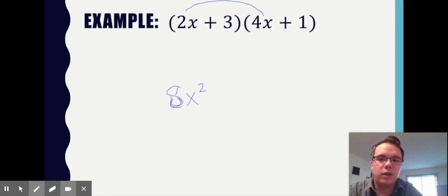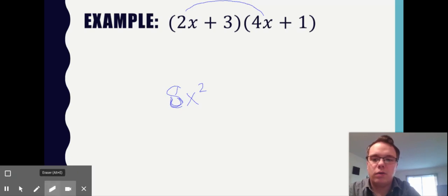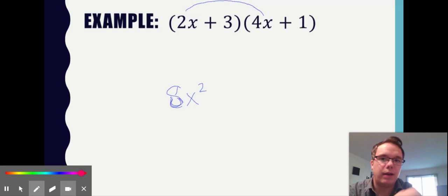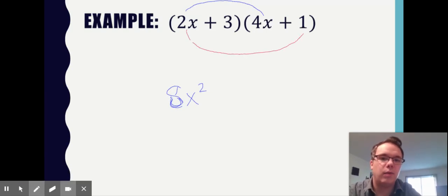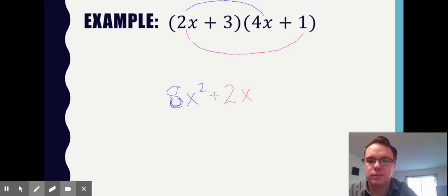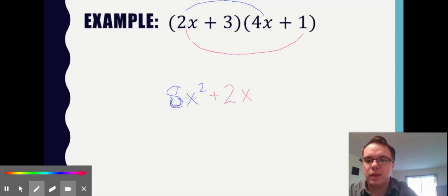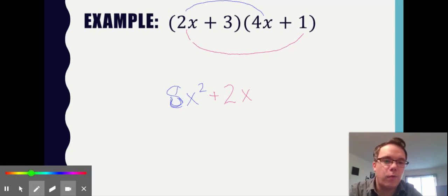All right. So O in FOIL stands for outside. So the outside terms are my 2x and my 1. So 2x times 1 is 2x. I in FOIL stands for inside. So my inside terms are my 3 and my 4x.